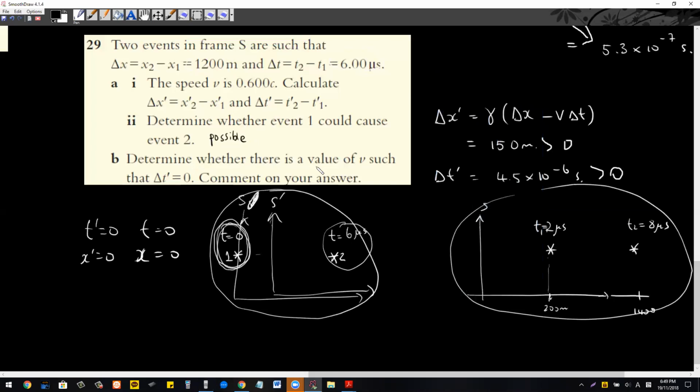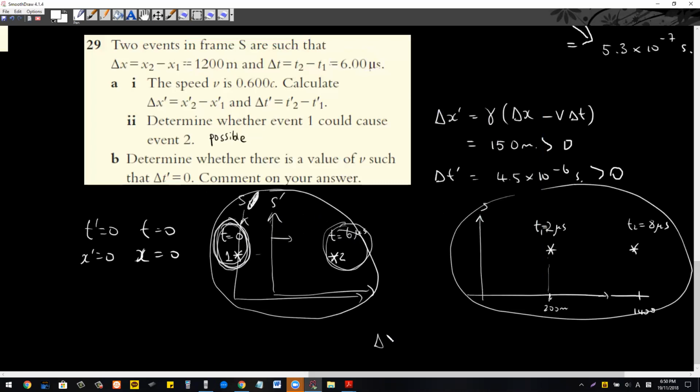Determine whether there is a value of v such that the time interval t dash equals 0, which means, could this spacecraft travel at such a velocity that event 2 and event 1 happen at the same time? The answer is no. So we're going to try this one here.